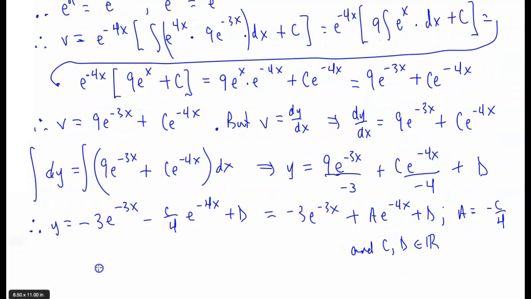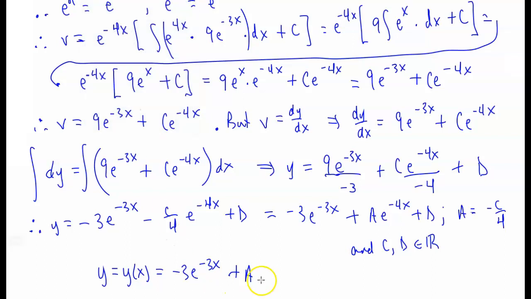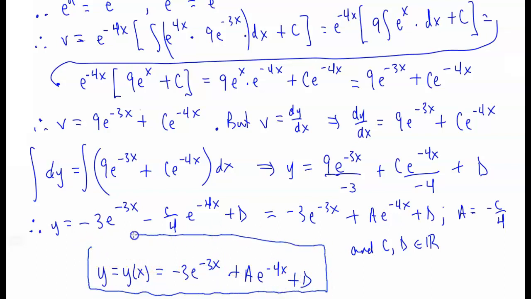And so just for formality here, we'll just say that this is negative 3 e raised to the minus 3x plus a e raised to the minus 4x plus d. And so this would be our final answer here.